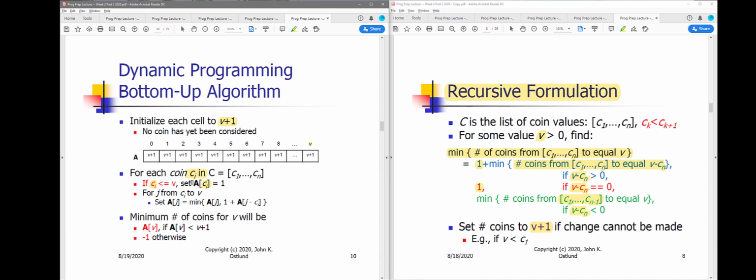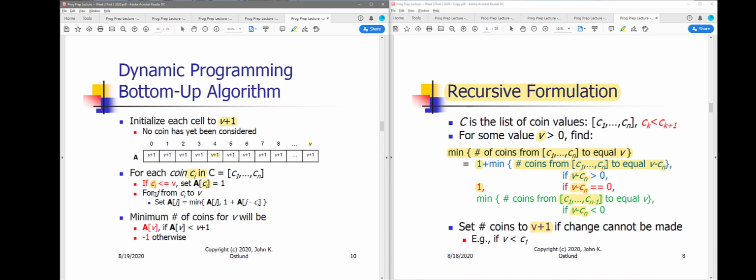So we'll set A of c sub j equal to 1. Now, let's suppose, just for illustration, that the coin we start with has a value of 4. That means that we're going to put a 1 into the slot A sub 4 to indicate that we only need one 4-cent coin to make change of 4 cents.